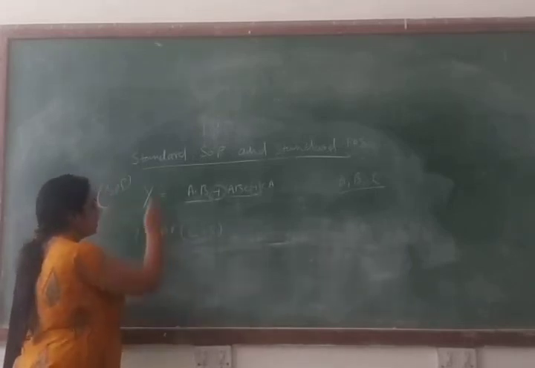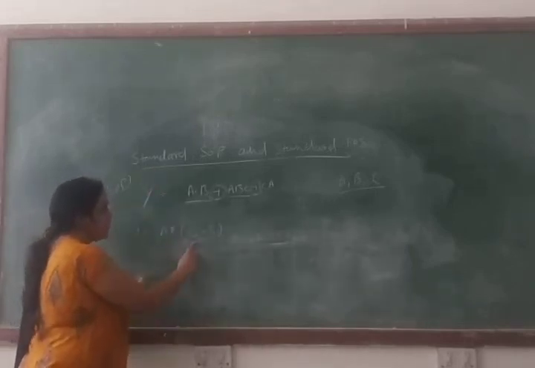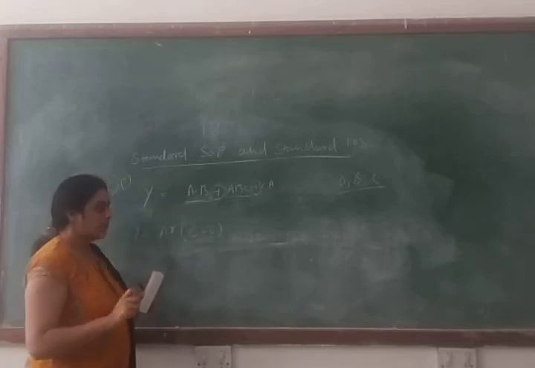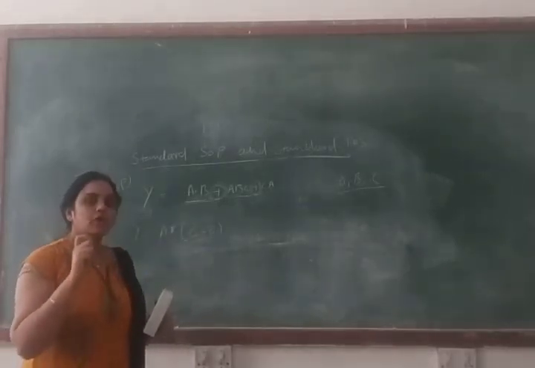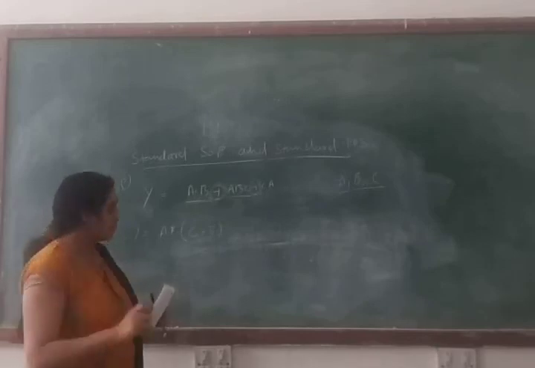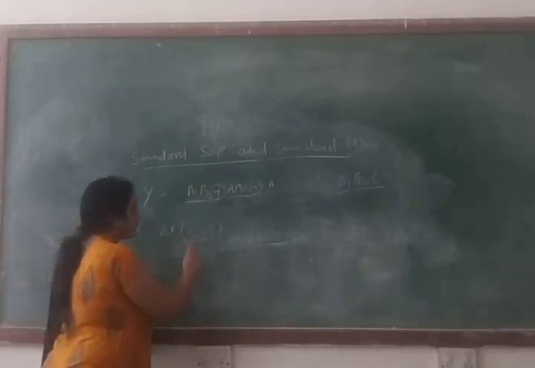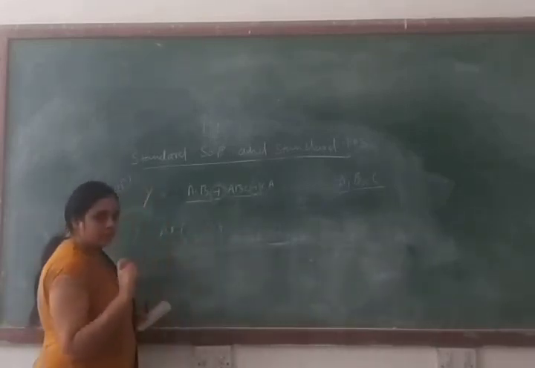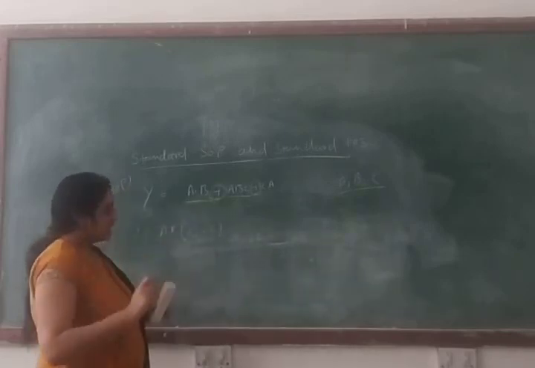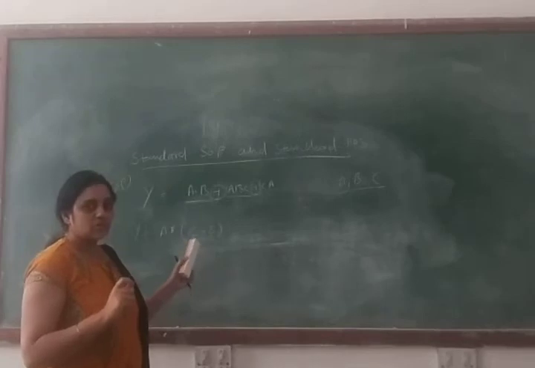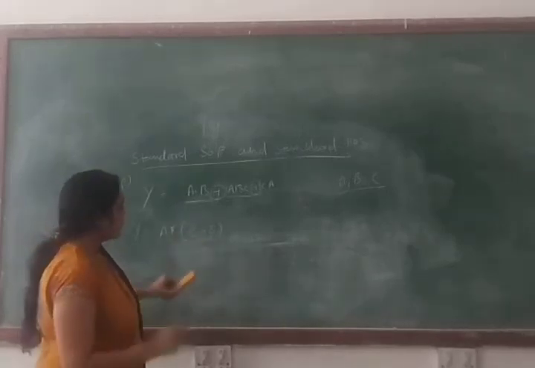For conversion into the standard SOP format, we will perform the ANDing operation with the missing literals. But first we have to form the term, and how will we form the term? For forming the term, we will perform the ORing operation between C and C complement. It means C is your missing literal.